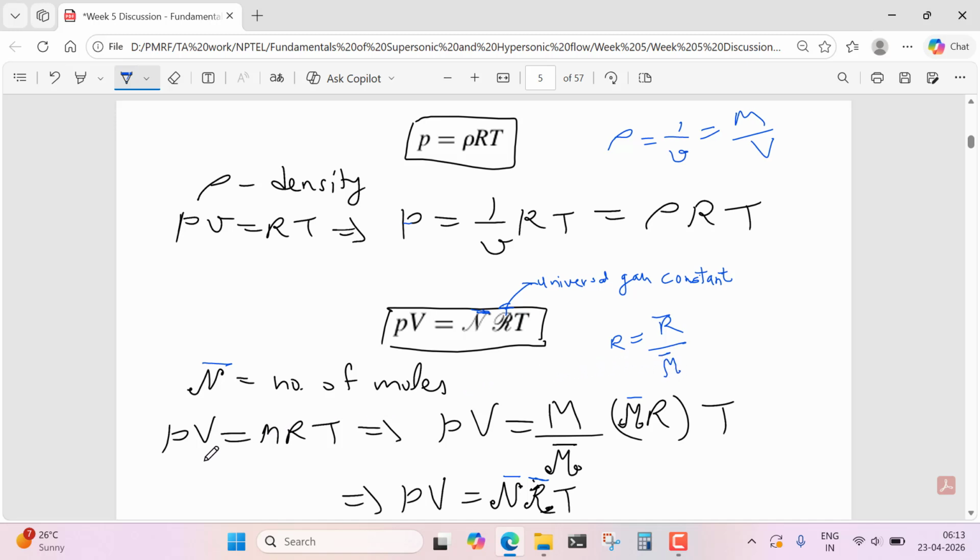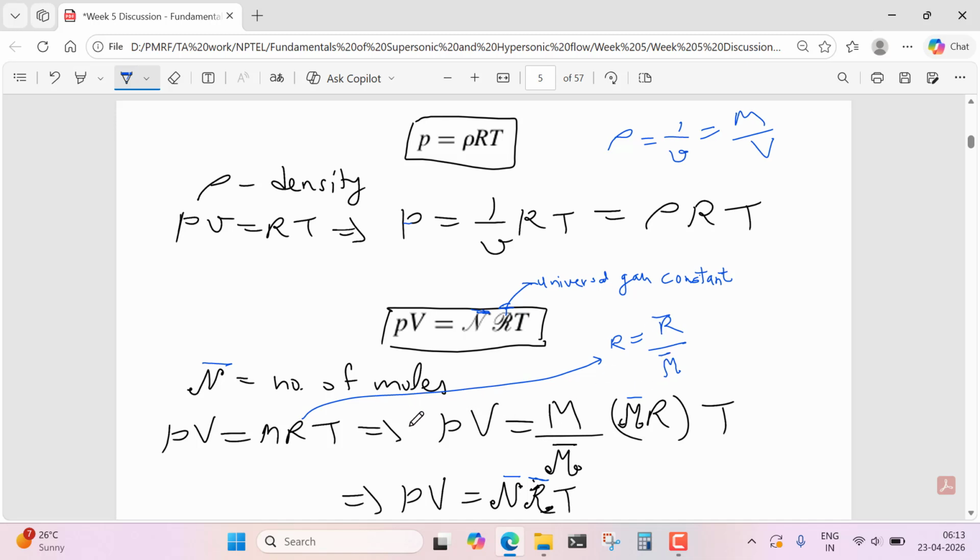So we know the perfect gas equation, which is given by PV equal to mRT. If we substitute the value of R from this equation, then we get PV equal to m upon M bar, and here what I did, I multiply and divide by M bar.